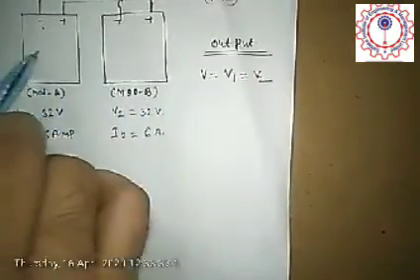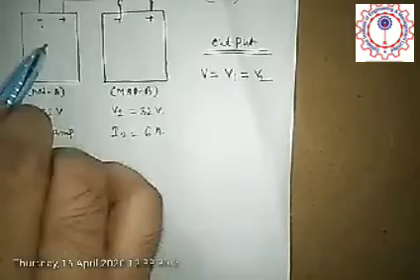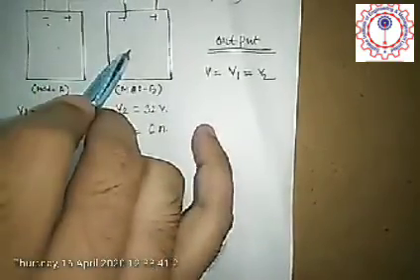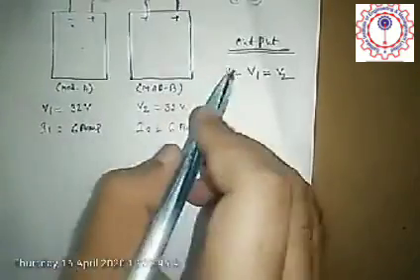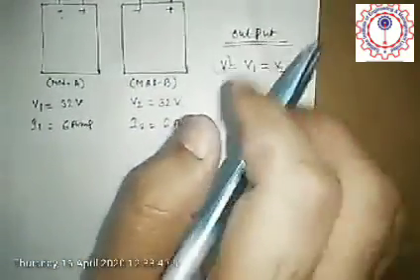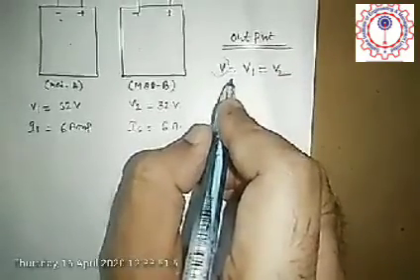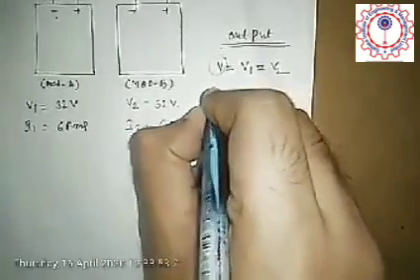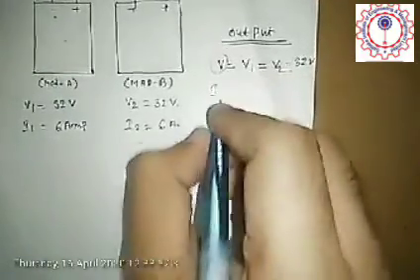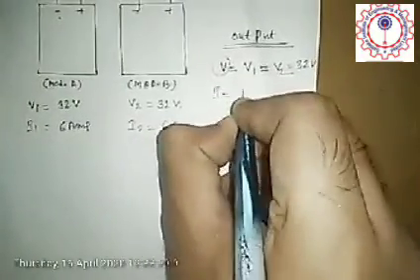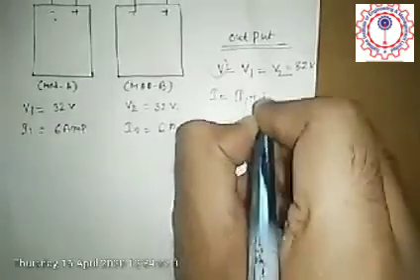If two modules are connected in parallel, the output voltage remains the same, but the current value increases.